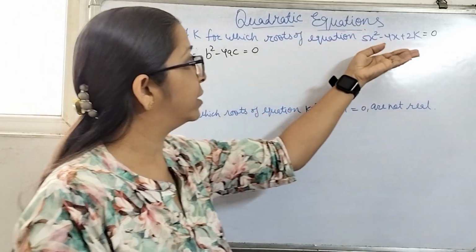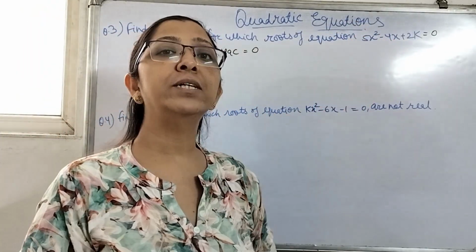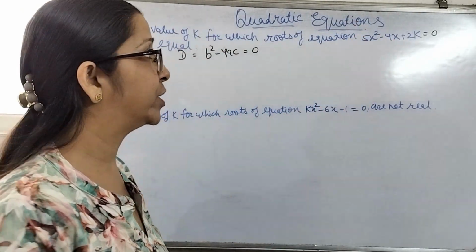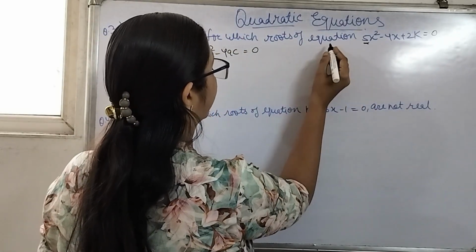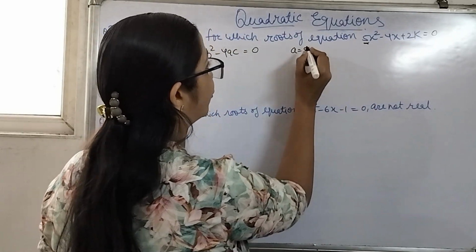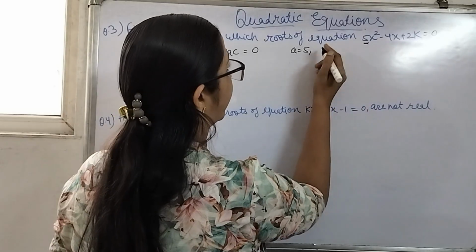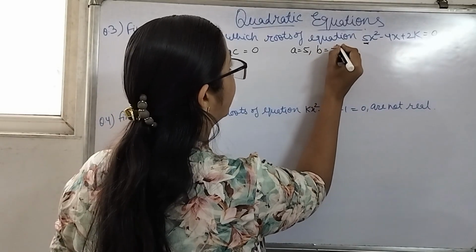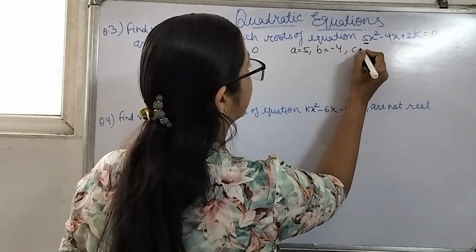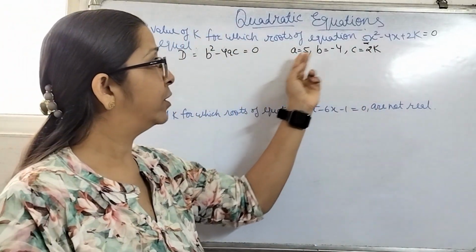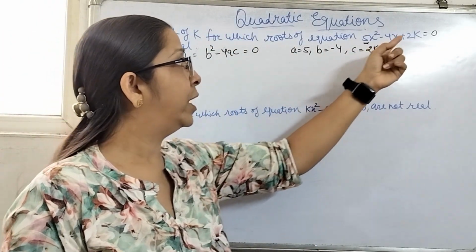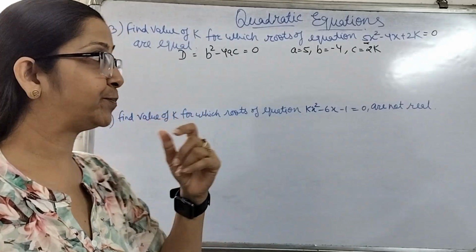If we compare this quadratic equation with the standard form, we can see that the coefficient of x square, that is 5, is the value of a, the coefficient of x will be the value of b, and the constant term will be the value of c. That means a is 5, b is minus 4, and c is 2k.